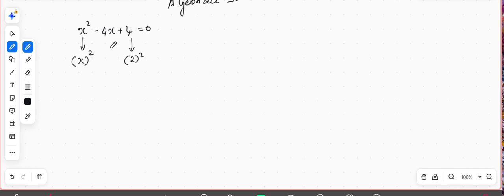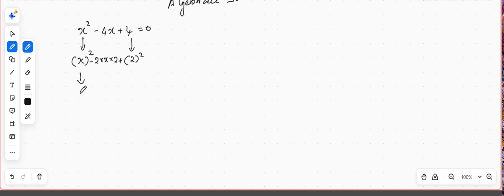But to confirm that, I should be able to express this minus 4x as minus 2 into x into 2. Is it possible? Yes, we can.